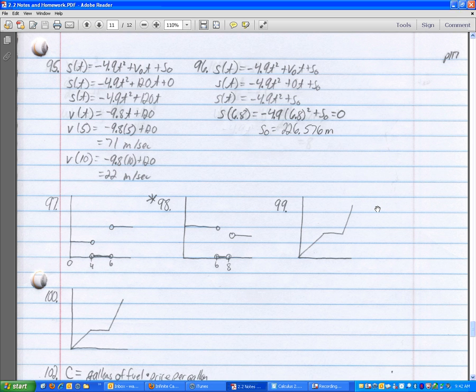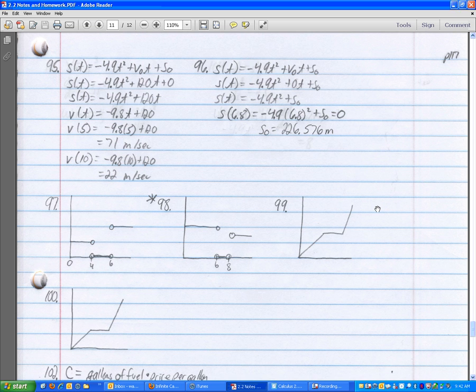So for 96, they tell us to estimate the height of a building. A stone is dropped from the top of the building into a pool of water at ground level. How high is the building if the splash is seen 6.8 seconds after the stone is dropped?